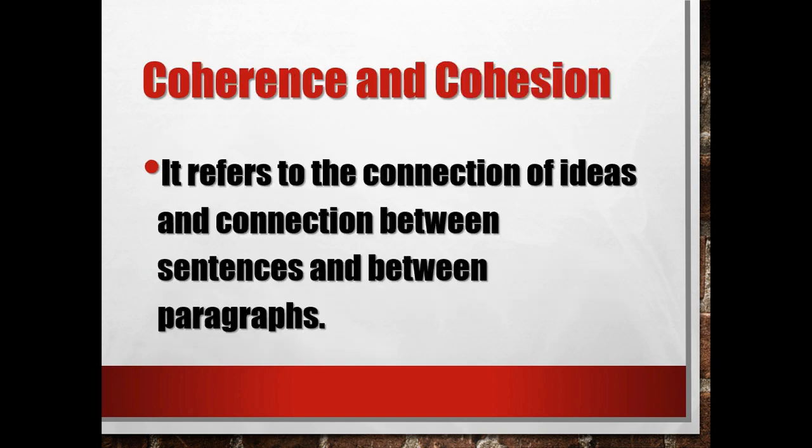Next, you should have coherence and cohesion. These two are different. But generally, it refers to the connection of ideas and connection between sentences and between paragraphs. So coherence is connection of ideas, while cohesion is connection between sentences and between paragraphs.